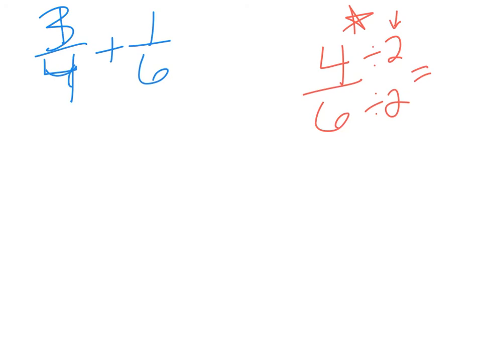So when we reduce this, 4 divided by 2 is 2, and 6 divided by 2 is 3, so that gives us 2/3. But that's not what I'm looking for. I'm looking for, again, what's called a least common multiple, something that both 4 and 6 share.